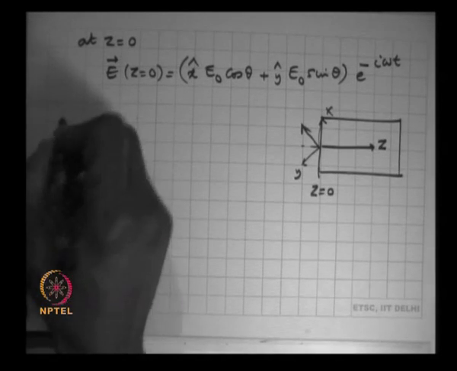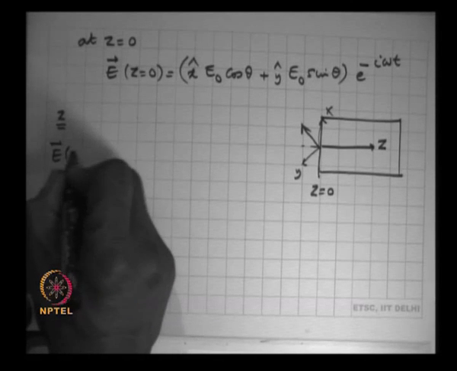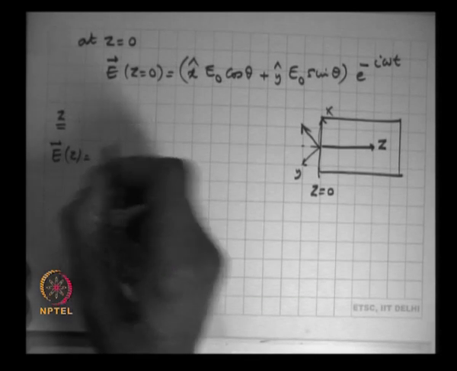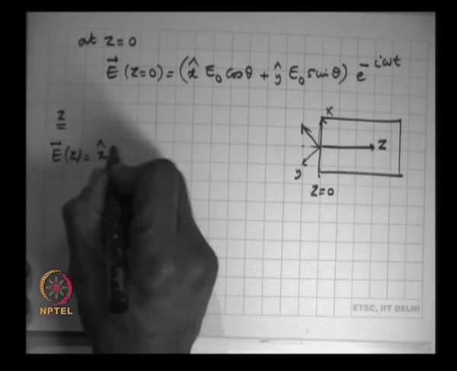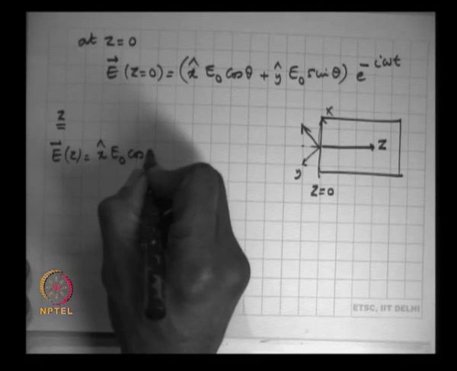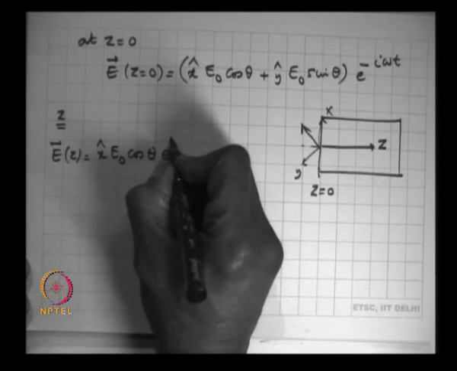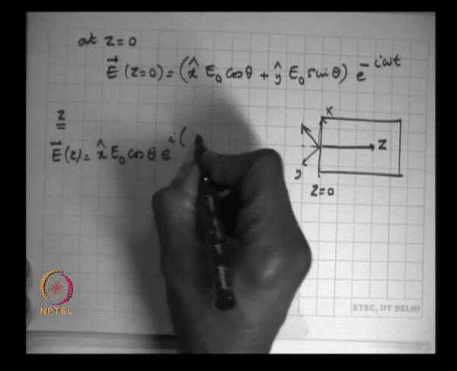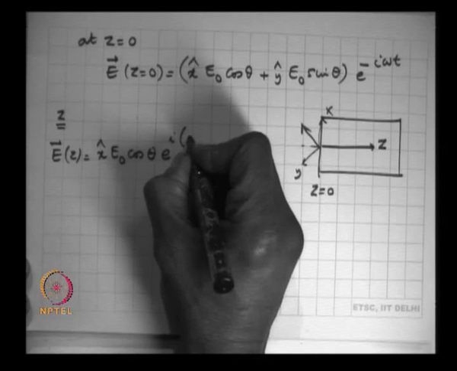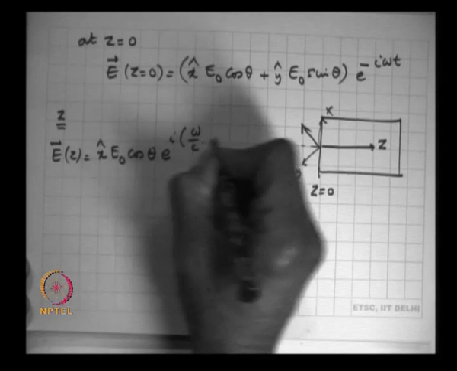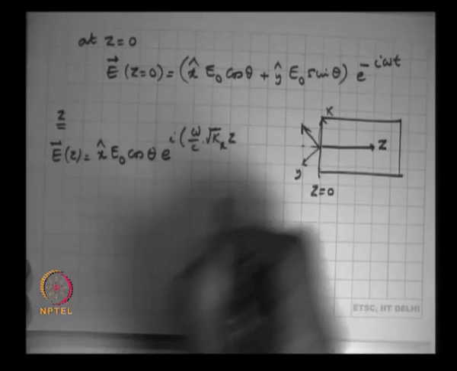Now, what will happen at z? At z, I will write this as, now look at this, when I have x component, the corresponding phase change will be i, what is the value of k? Omega by c square root of kx into z minus omega t.